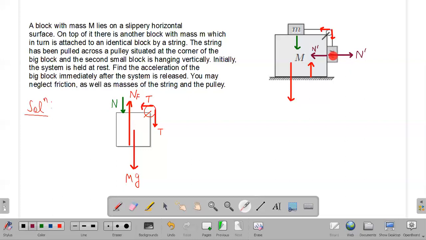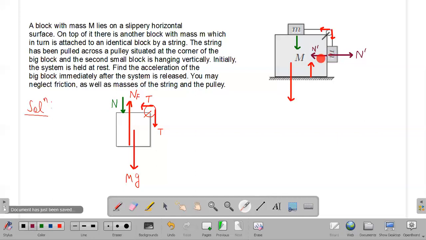So according to Newton's law, this little mass which is hanging will be accelerated towards the right due to the force N dash, and this capital M mass will be accelerated towards the left because all the forces on it are towards the left side. So if capital M is accelerating towards the left and small m is accelerating towards the right, they can never be in contact with each other. They cannot be in contact because one block is moving to the left side, the other is moving to the right side.